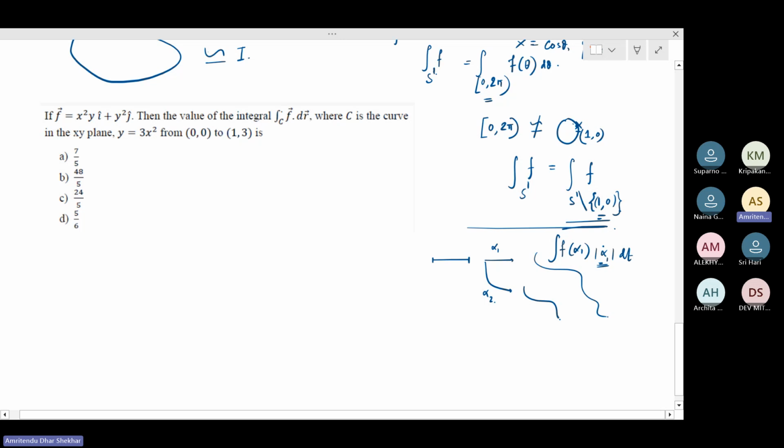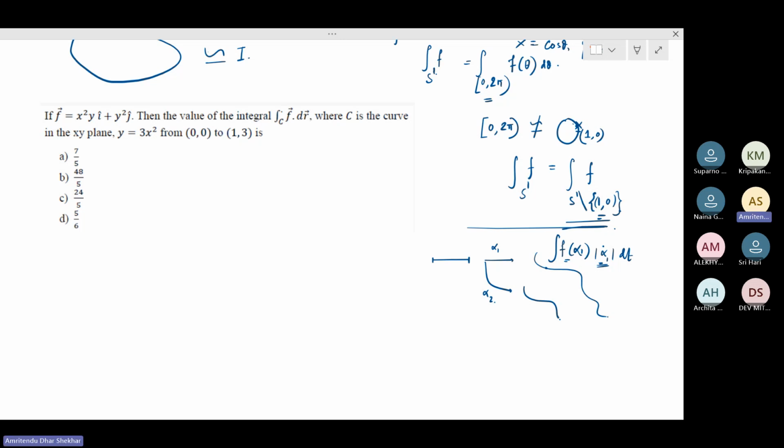If you did not take into account this alpha 1 dot, then you would not consider how the curve is embedded in Rn. You would just be pulling back this function f from Rn to the interval. But that does not capture intrinsically how the set is.